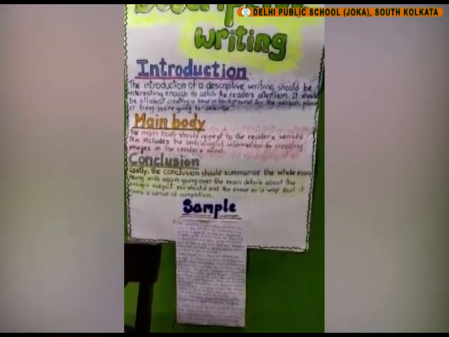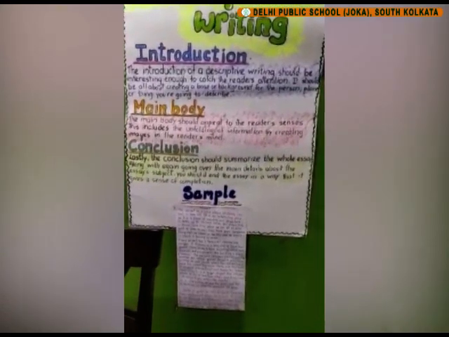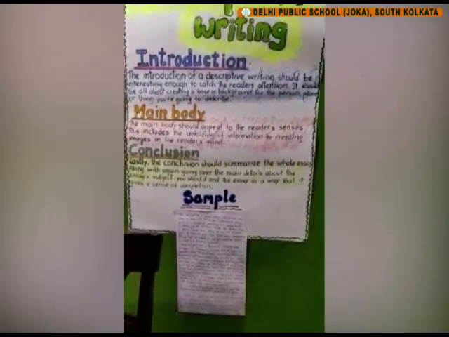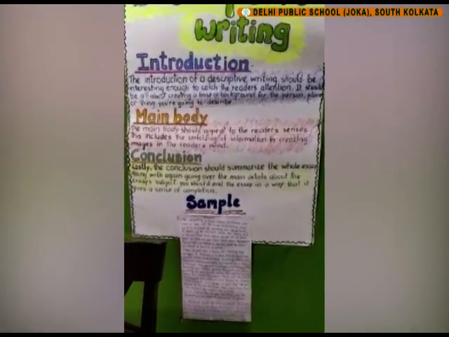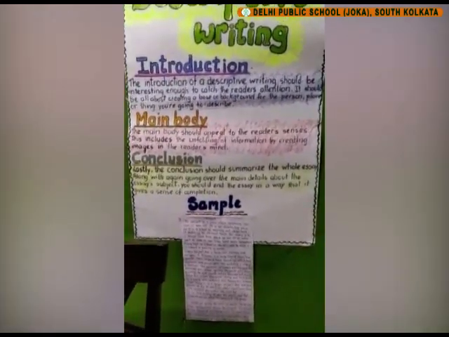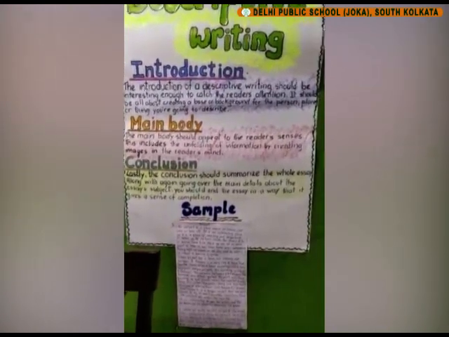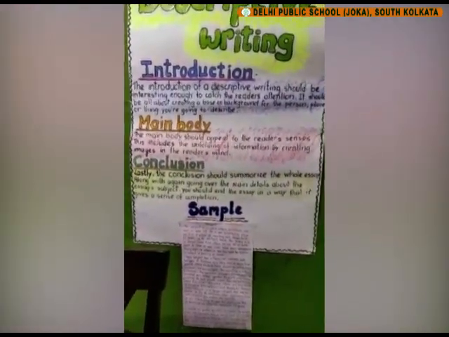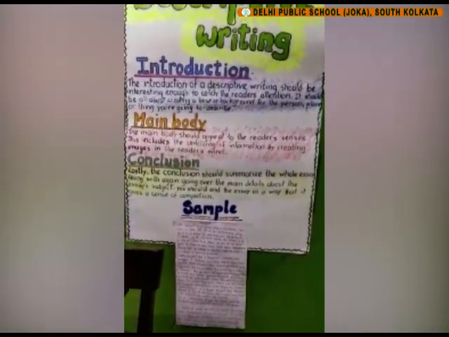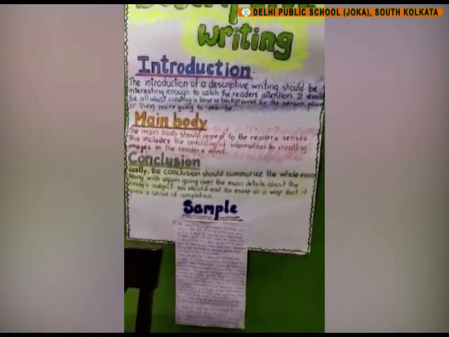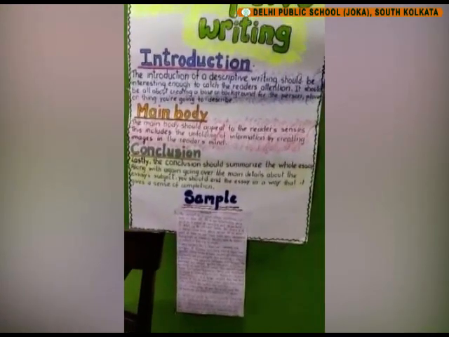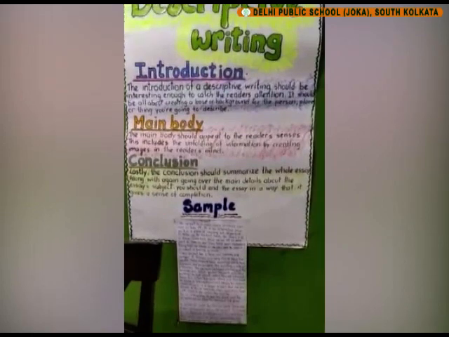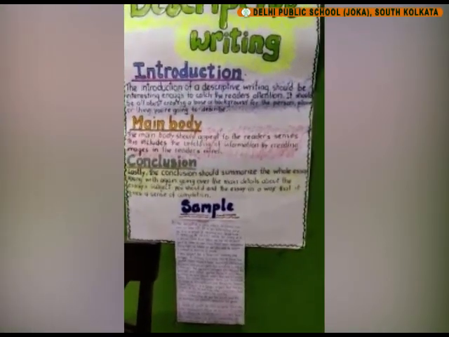For example, if you're describing your mother, you can start by saying, if I have known what is love, then it is only because of my mother. A mother is a person who brings us into the world. So you have begun your descriptive writing with an interesting phrase that will catch the reader's attention, and the reader will think, wow, what a great way to start.